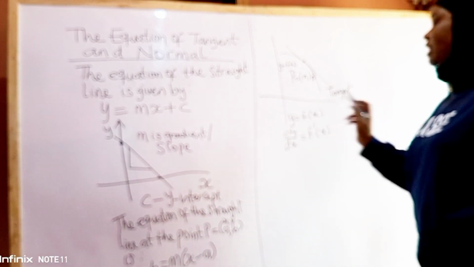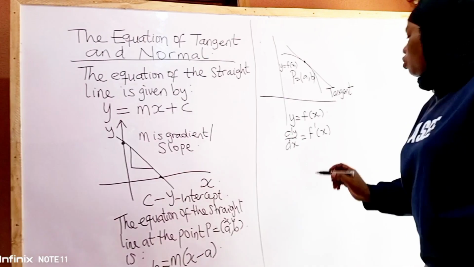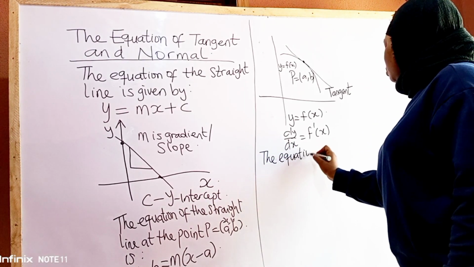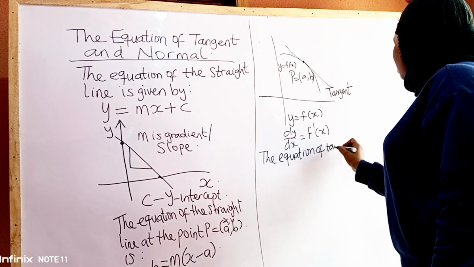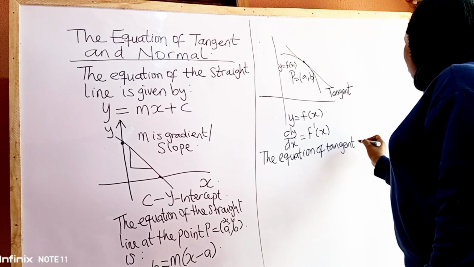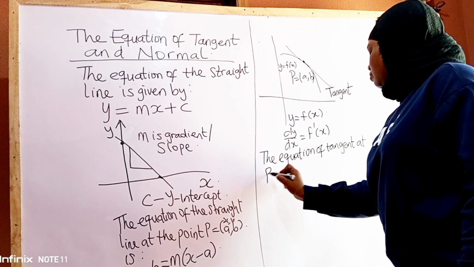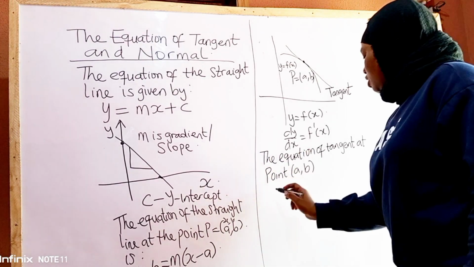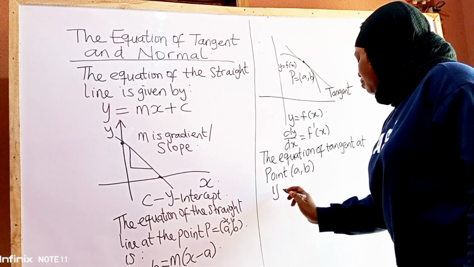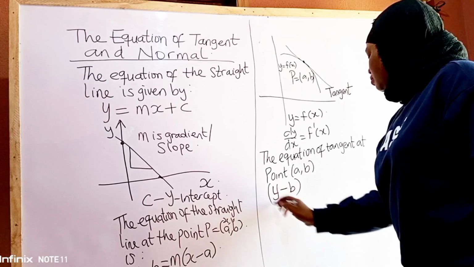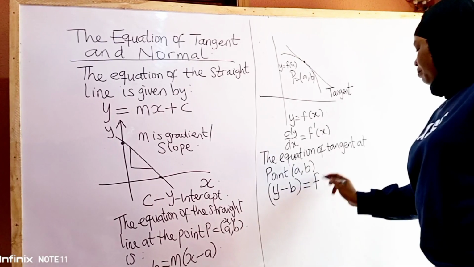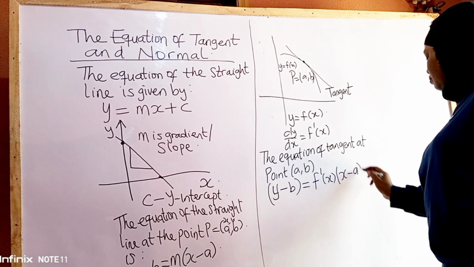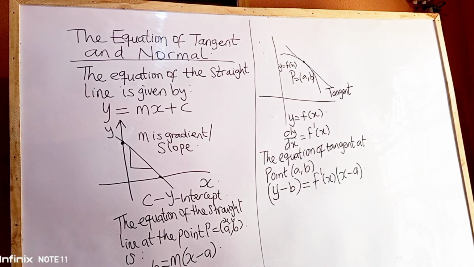So the equation of the tangent at the point (a, b) will be y minus b is equal to f prime of x multiplied by x minus a. That is the equation of the tangent.